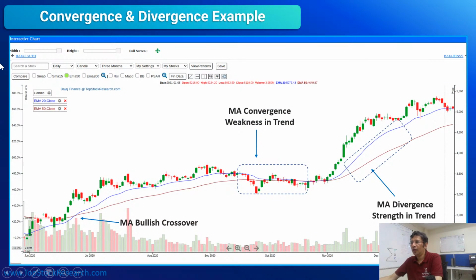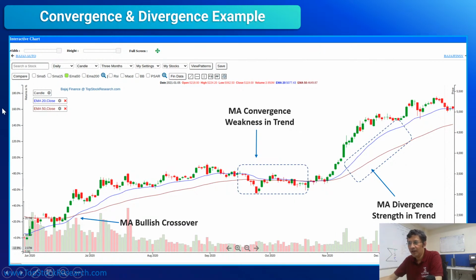Right? A typical example which my team has brought out is two moving averages crossing each other, a bullish moving average crossover, and then they are diverging, and then again they are starting to converge, and they are very close to each other. That's where it tells you the sideways market, right?